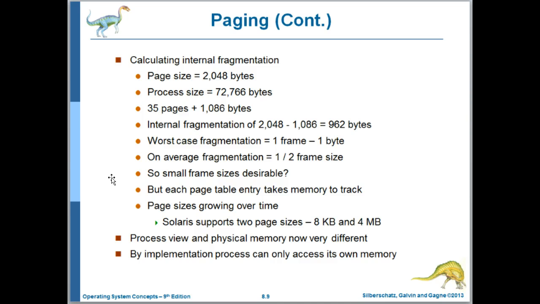So that's the trade-off we have between internal fragmentation and page table size. And for large address spaces, today we have 64-bit address spaces, the page table itself can become absolutely huge.